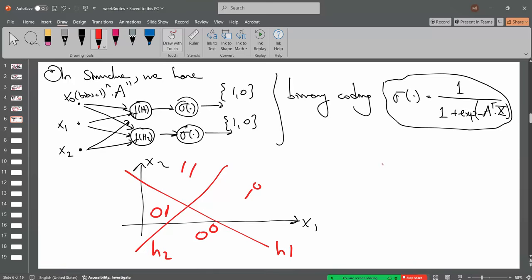So, in conclusion, we have built the neurons multiple times, and each neuron at the same layer creates a hyperplane and divides the whole region into 2 parts.